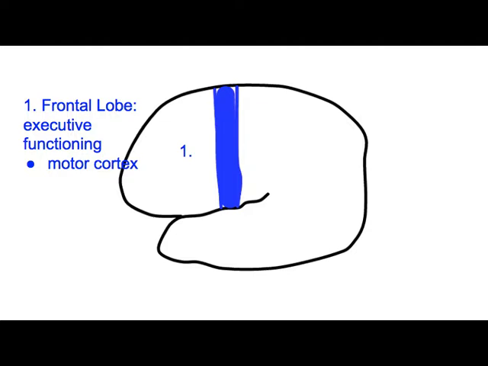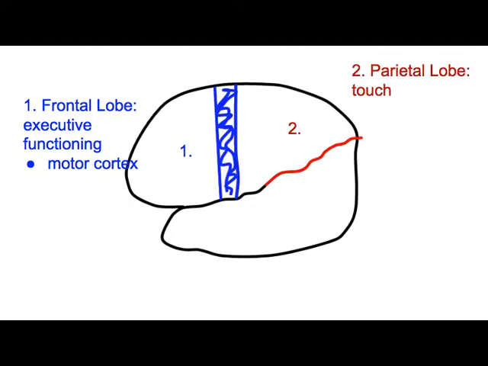The next lobe is the parietal lobe, and this has to do with touch.